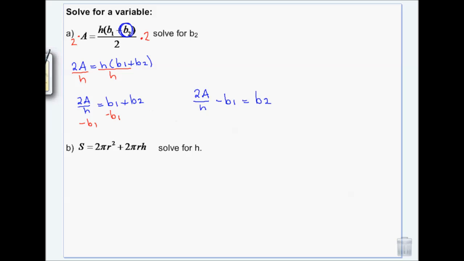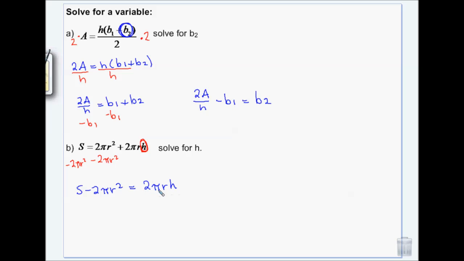Okay, on this problem we want to solve for h, so we want to get this guy right here by himself. Okay, so I've got addition, so I can get rid of all of this by subtracting. So I get s minus 2 pi r squared is equal to 2 pi r h.